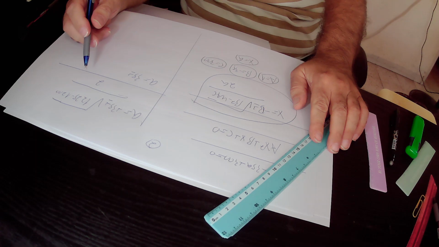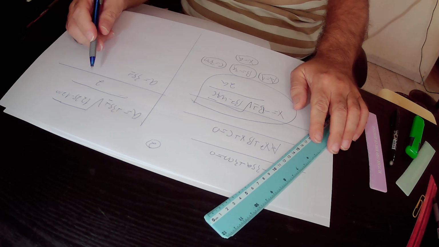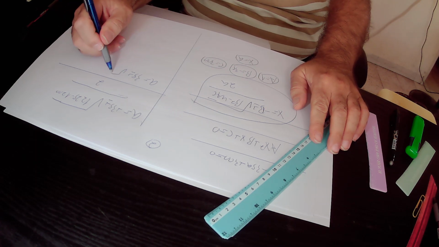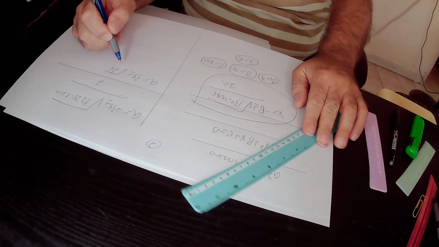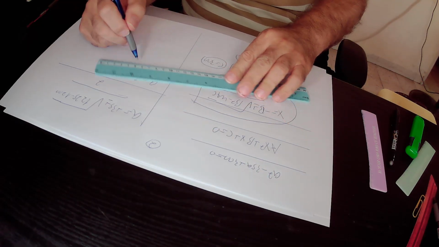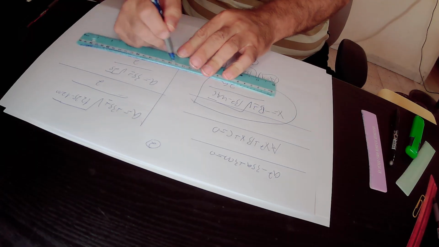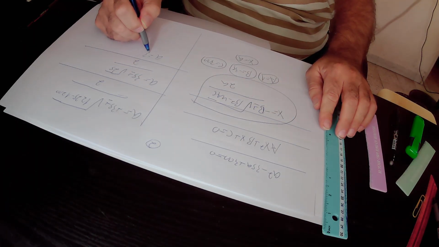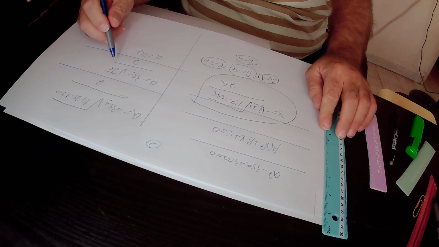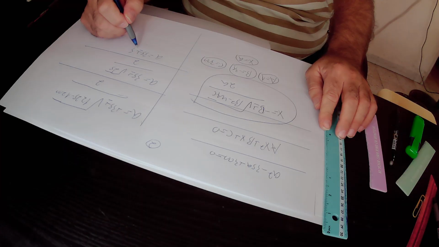Inside the root we have 2025 minus 1200, that is 825. In total, we found that a equals 45 plus minus, so the square root is 5 over 2.